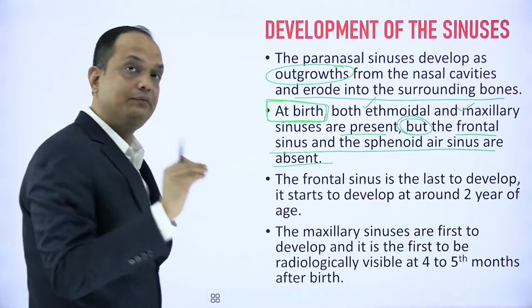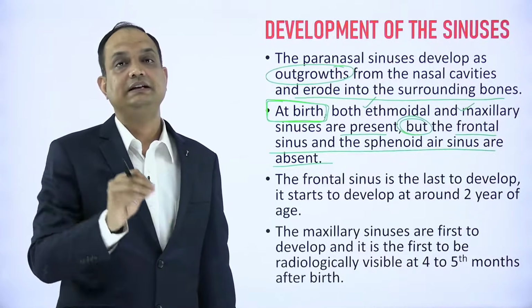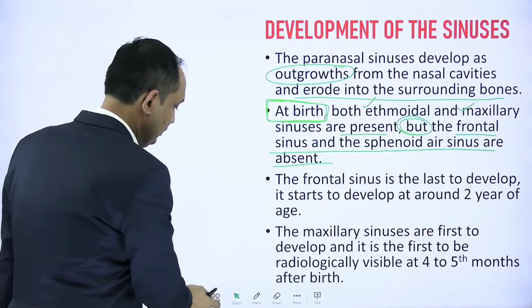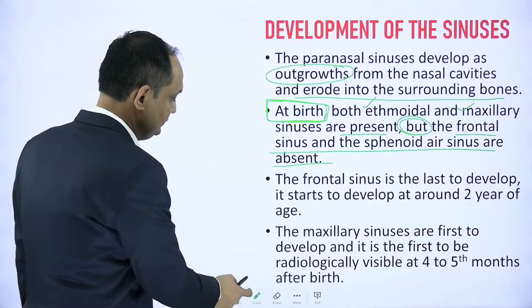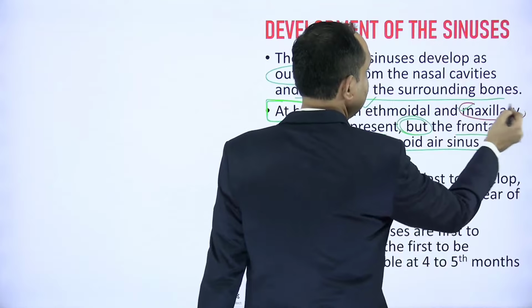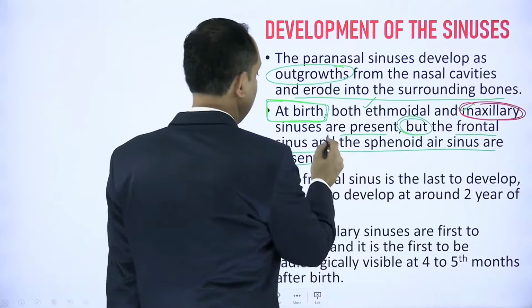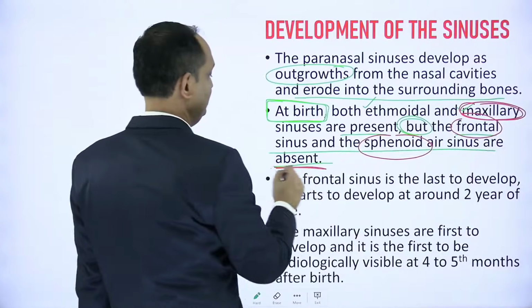This is a very frequently asked question in exams, which of the following sinuses are present at birth. If you have the option, always go with the maxillary sinus as the first answer. The frontal and sphenoidal sinuses are both absent at the time of birth.